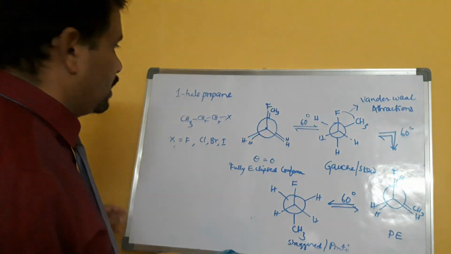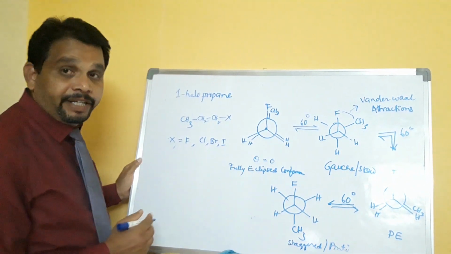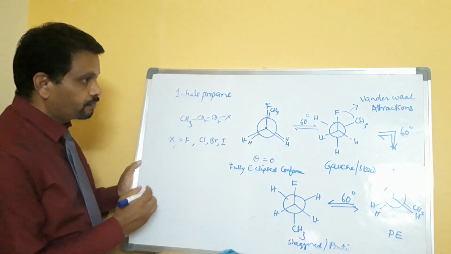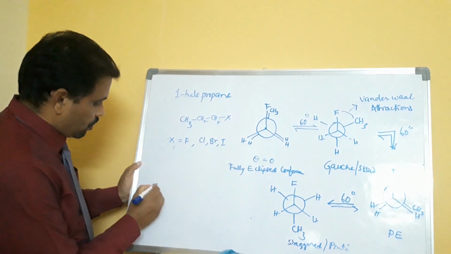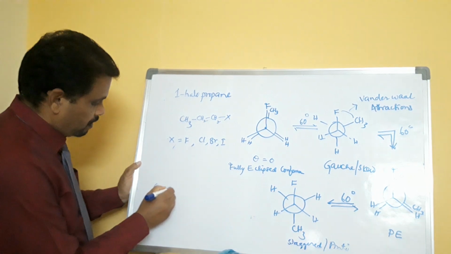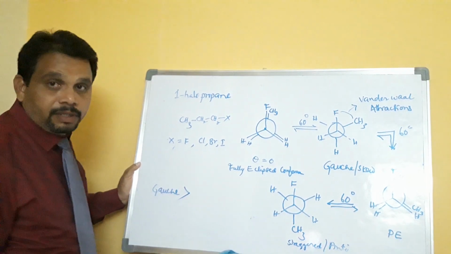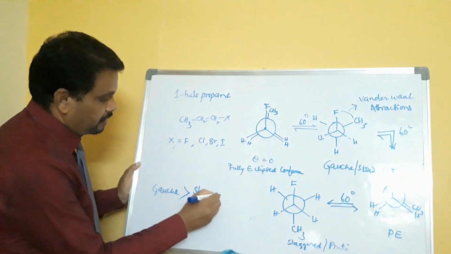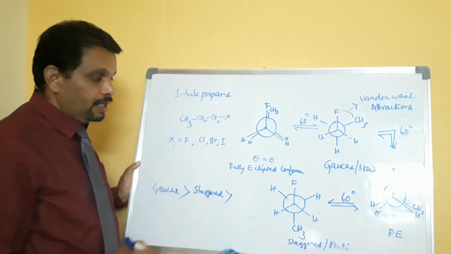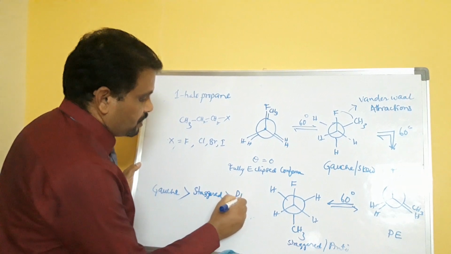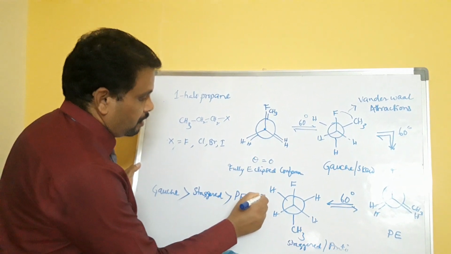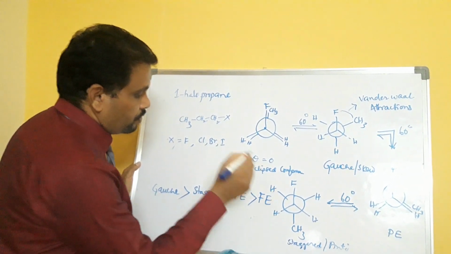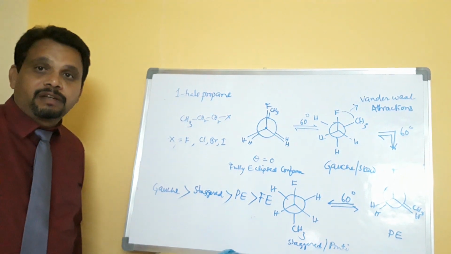So now I'll try to write the stability order for this molecule. So gauche is more stable than staggered conformer. Staggered is more stable than partially eclipsed conformer, more stable than fully eclipsed conformer.